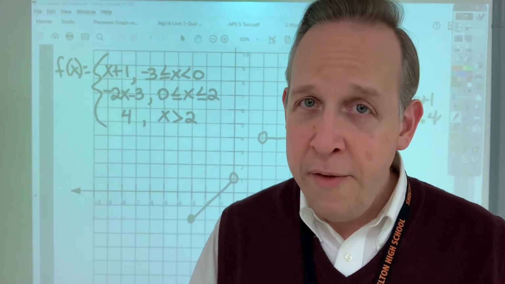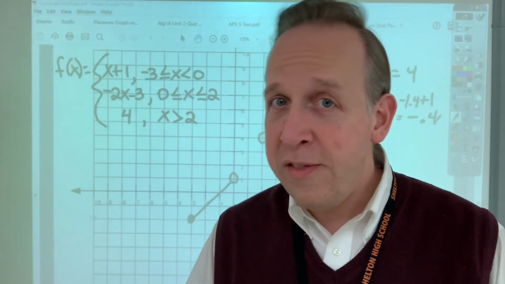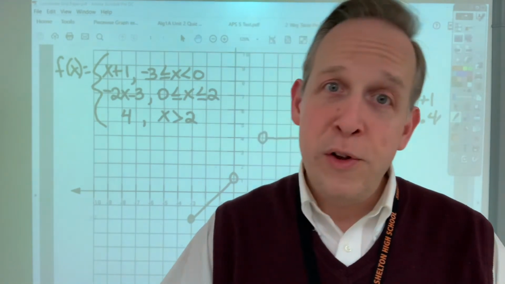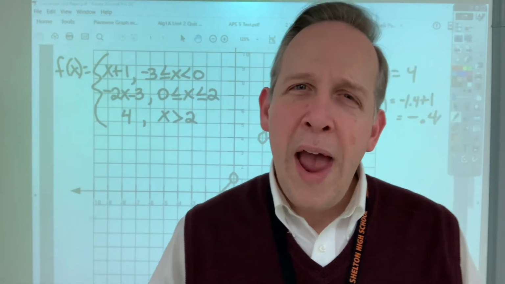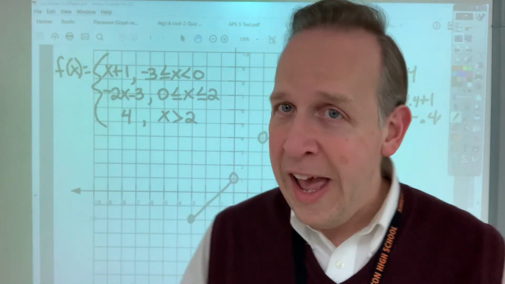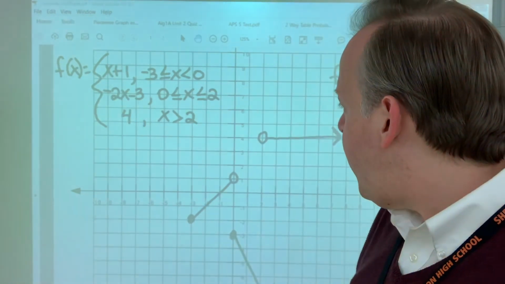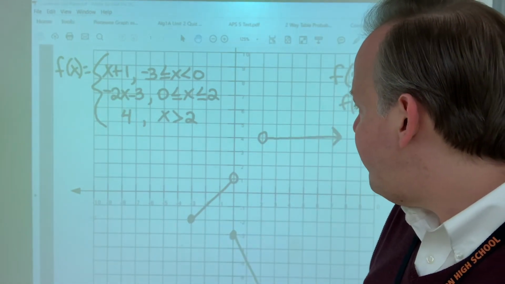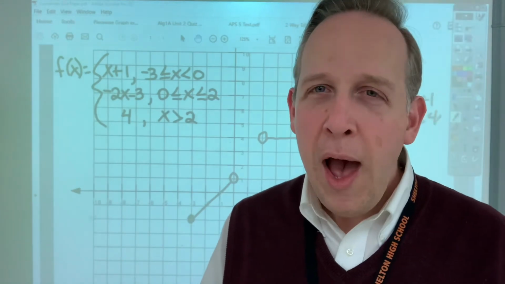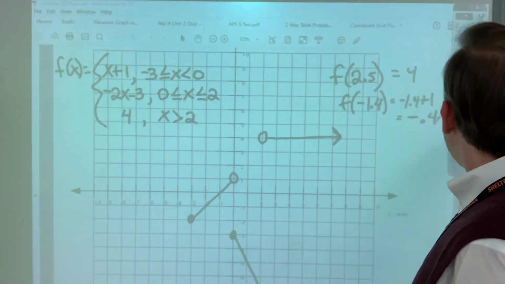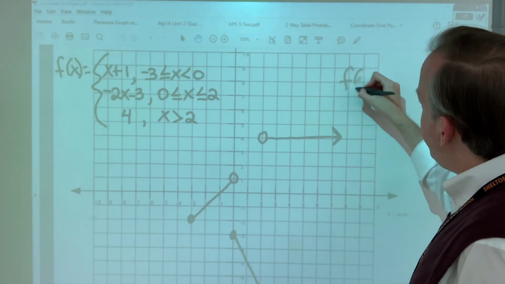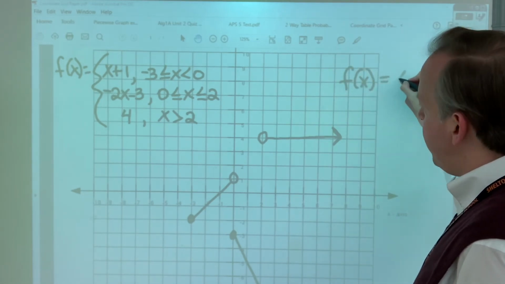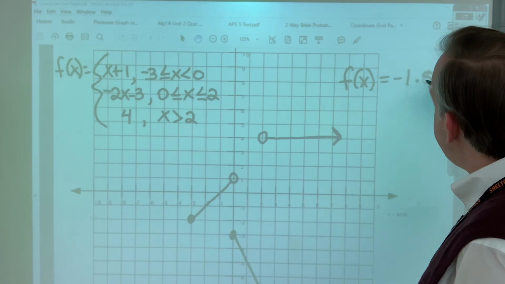That's how we graph from a piecewise function, and it's how we use a piecewise function to determine inputs and outputs. Okay? If you're asked what input will get you an output of, let's just say, I want to know this time what input will get an output of negative 1.5.